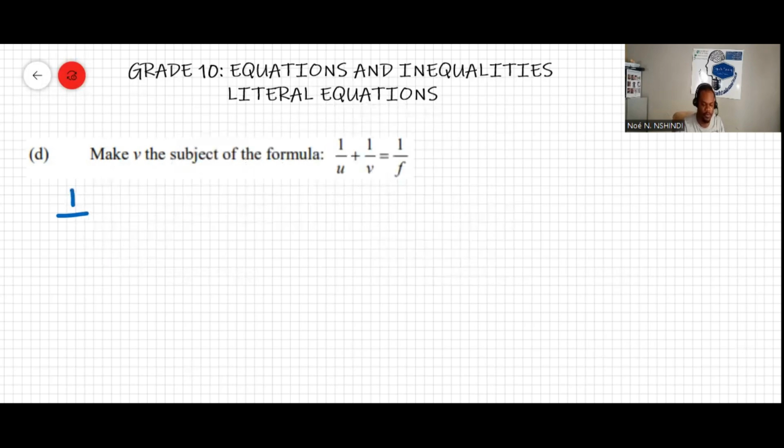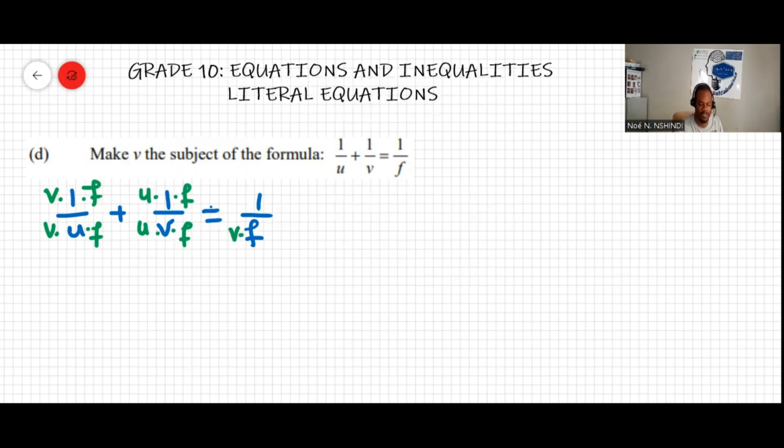We have 1 over U plus 1 over V equal to 1 over F. Now let's make a common denominator here. Our terms by V are times by V, our terms also by F are times by F. Here our terms by U are times by F, and over there our terms by V are times by U.